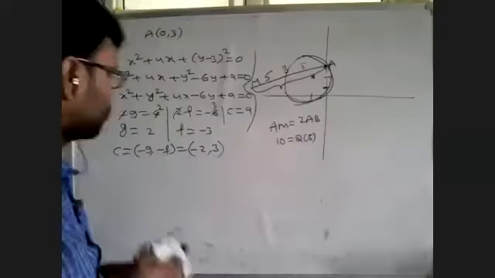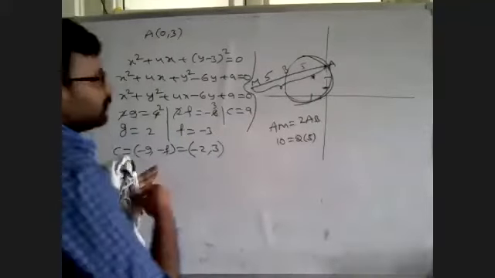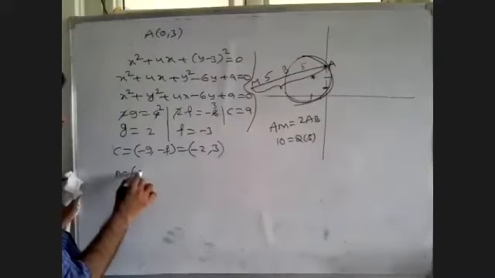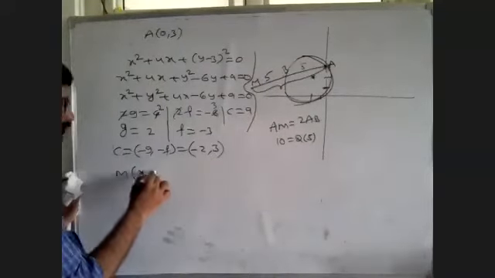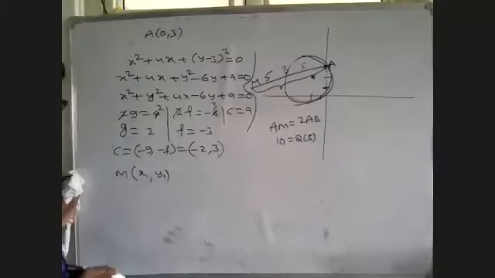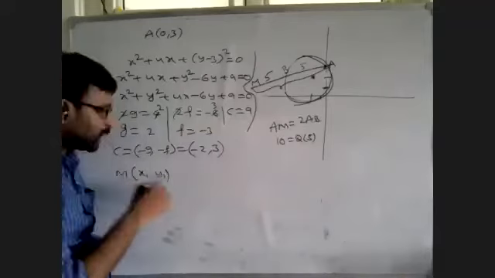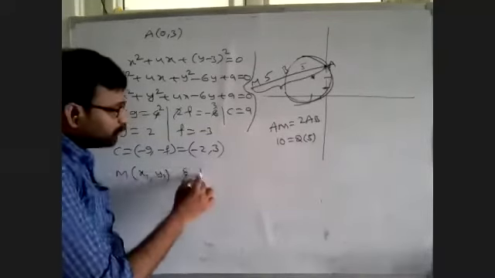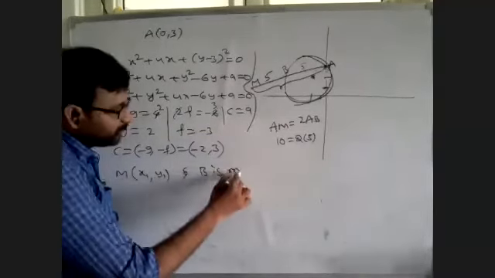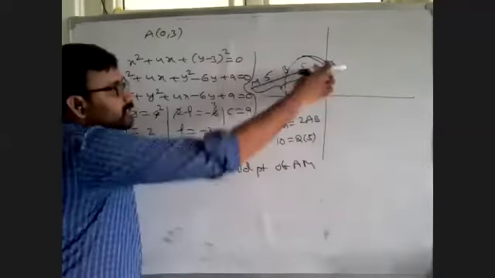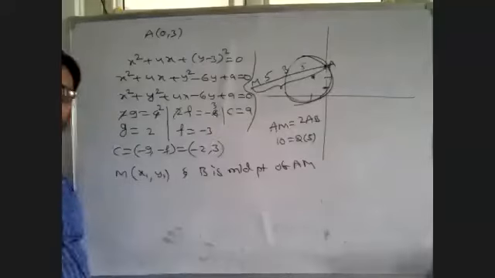See here, M is not given, B is not given. I am taking M as the locus point, some (x1, y1). We have to find the locus of this M. And B is the midpoint of AM.